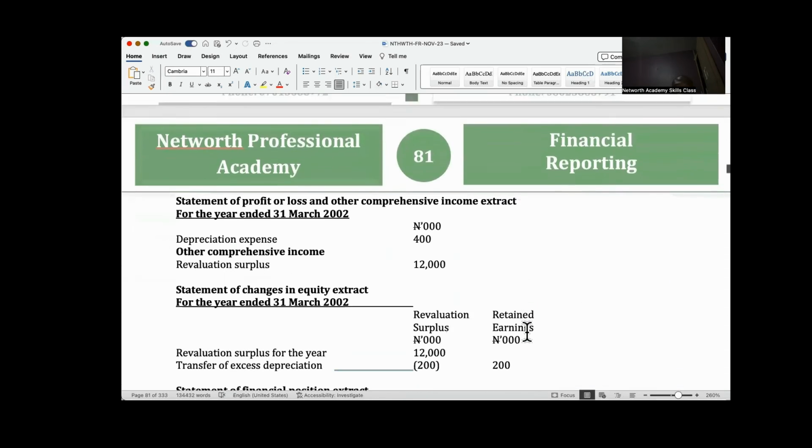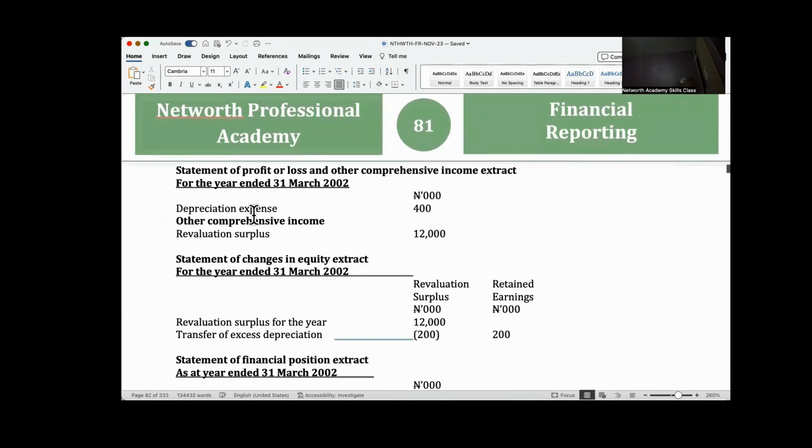Then I was also asked to prepare my statements. First is my statement of profit or loss and other comprehensive income. In my P&L, my depreciation expense for the year of 400,000 goes to my P&L. In my OCI, my evaluation surplus of 12,000 goes to my OCI.